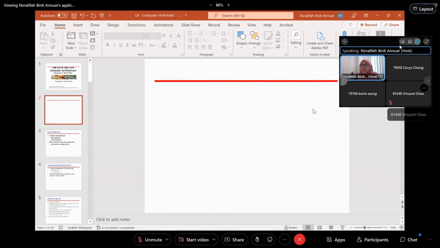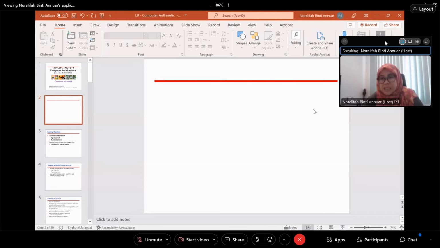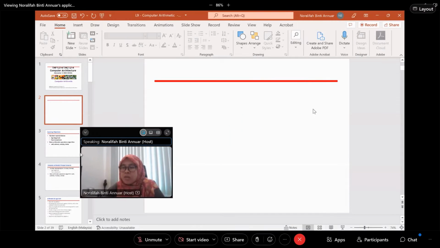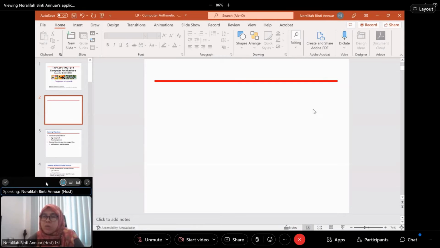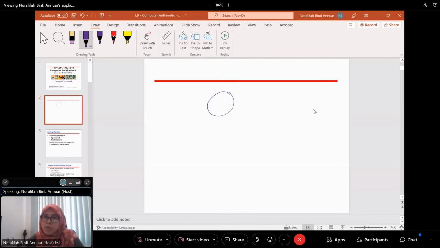When we talk about computer architecture, the word architecture means what the structure is made of. Macam structure rumah, apa? Tingkap, dinding, pintu kan. Sama juga dengan komputer, what are the structures? So you know that there are 4 main components of your computer, 4 main structures. To build a computer, you must have these components. So you dah tahu kan, 4 component.